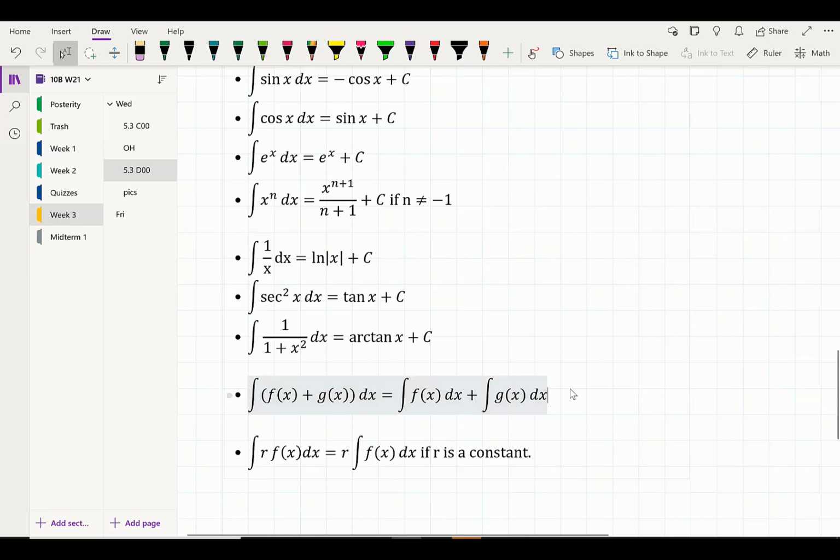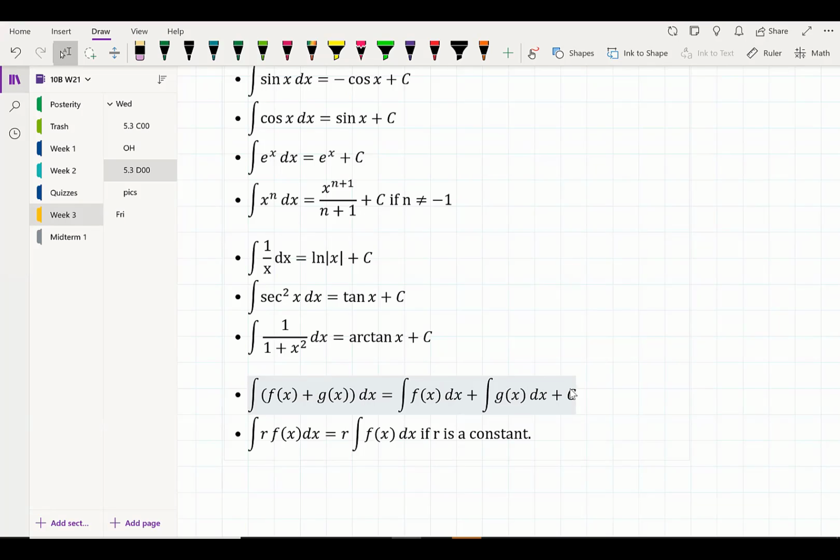I could have written plus C, but I don't have to, because this plus C is just going to get absorbed into the one from here or the one from here. So there's really no reason to. And same with this next equation. I could have written plus C, except we would be writing a plus C anyway when we compute this antiderivative.